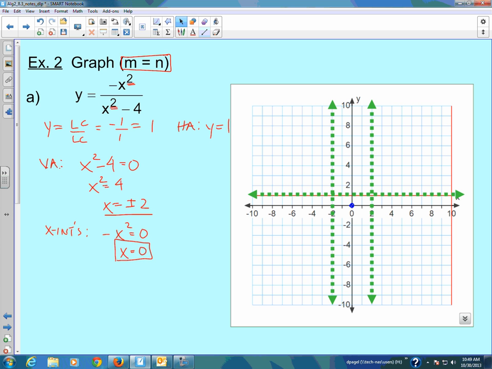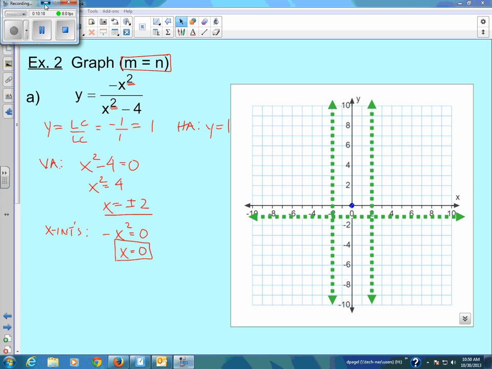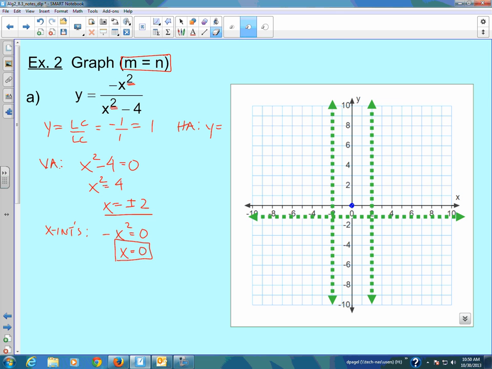Whoops, my horizontal asymptote should be at -1. Sorry about that. All right, so move my horizontal asymptote. It should have been -1. There we go. All right, put our table values together for this one.